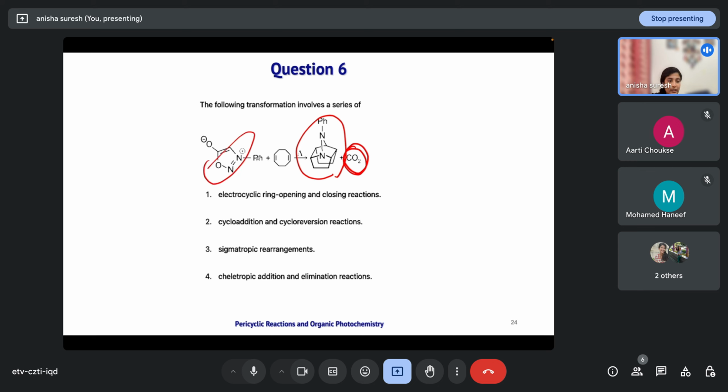It's a sort of dipole and dipolarophile. So it will be a cycloaddition cycloreversion reaction, right?